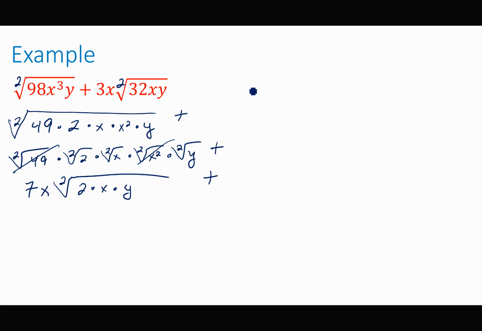Now, on the right here, I have 3x, and then the square root of 32xy. 32, can I write that as a product with one factor being a perfect square?